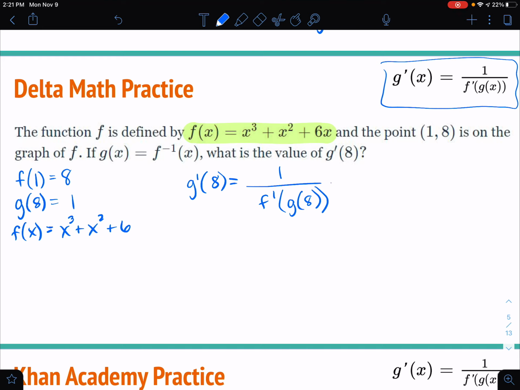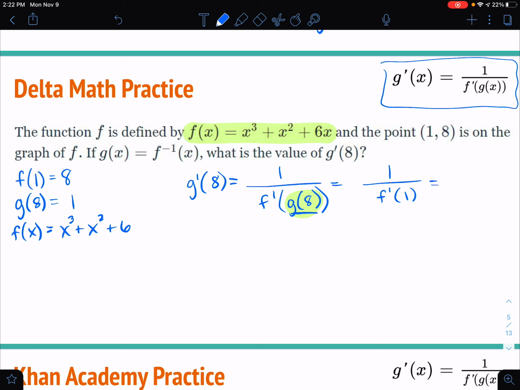So if I want to solve this, the first thing I'm going to figure out is whatever g of 8 is, which I know they don't explicitly tell me in my table or in my problem, but I do know that over here, I actually already figured that out. I know that g of 8 is equal to 1, right? So now all I need to find is f prime of 1. Now I know f of 1 is 8, but I don't know what f prime of 1 is yet.